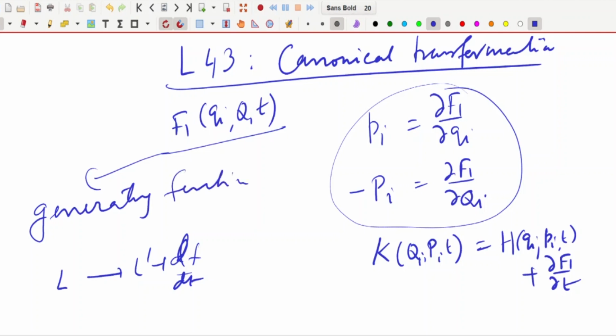So we can say that the canonical equations of motion will be preserved if we have an F1 which satisfies this, or which generates a transformation between the old set of canonical variables and the new set of canonical variables through this relation. Then the dynamics will be unaffected.